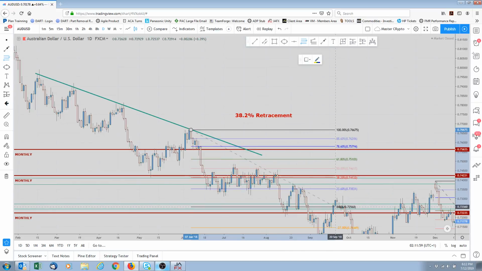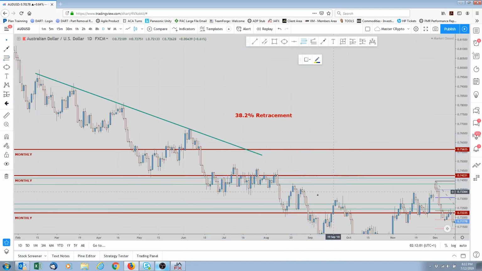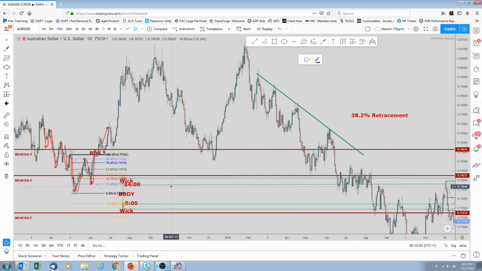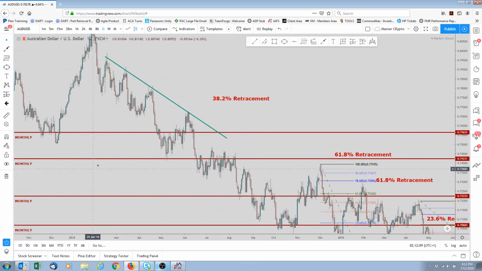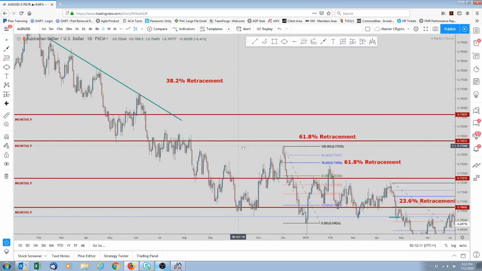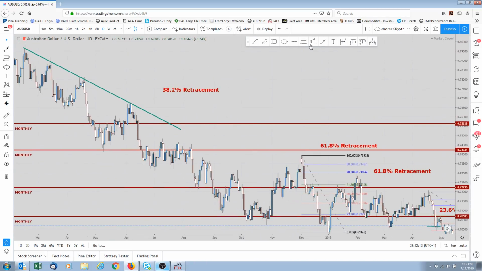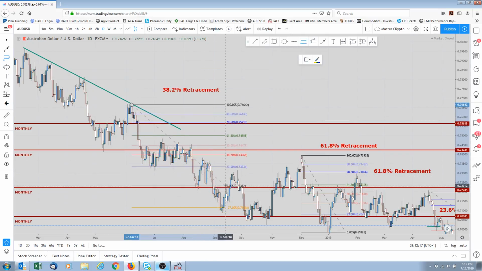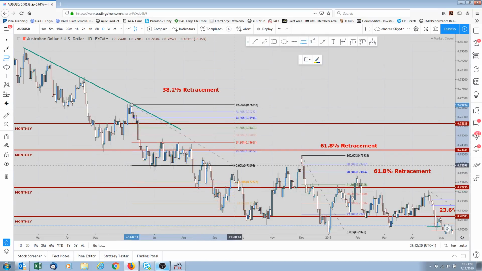one second here. Actually, let me get rid of these lines first. Okay, so back to here. So I'm going to go from here and put it about there.